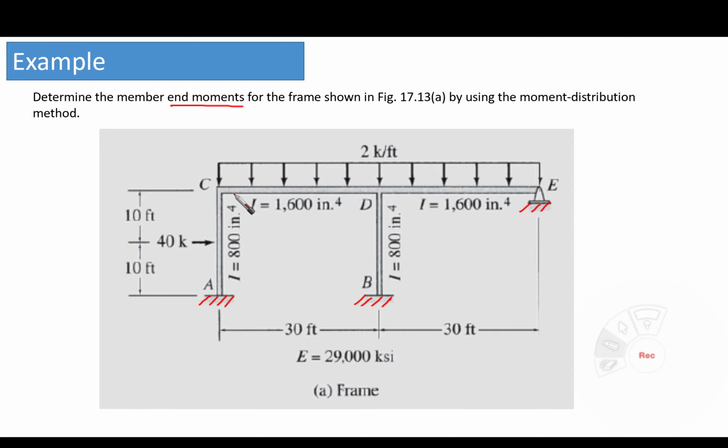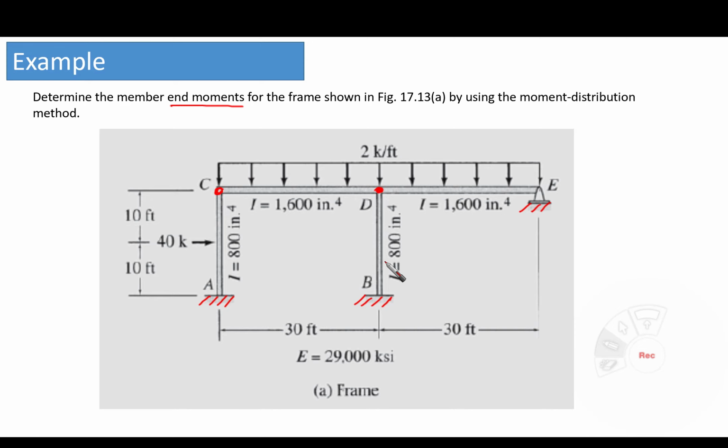The joints C and D are the joints that we can call free to rotate. So they are the two joints which are free to rotate. Actually, joint A is fixed, so it is not allowed to rotate.